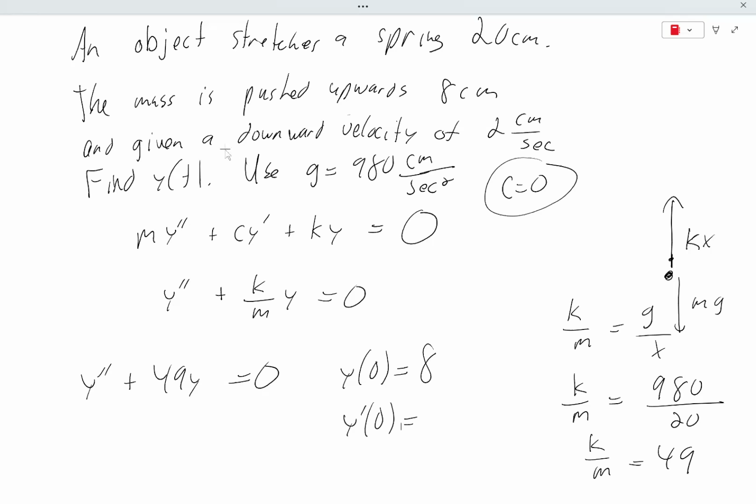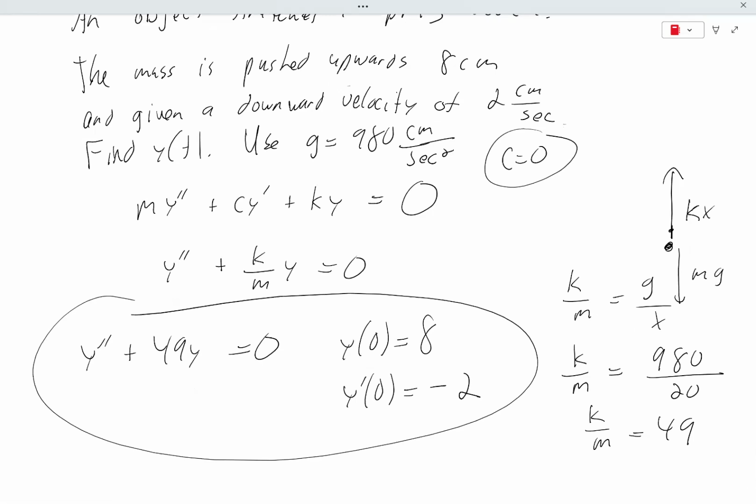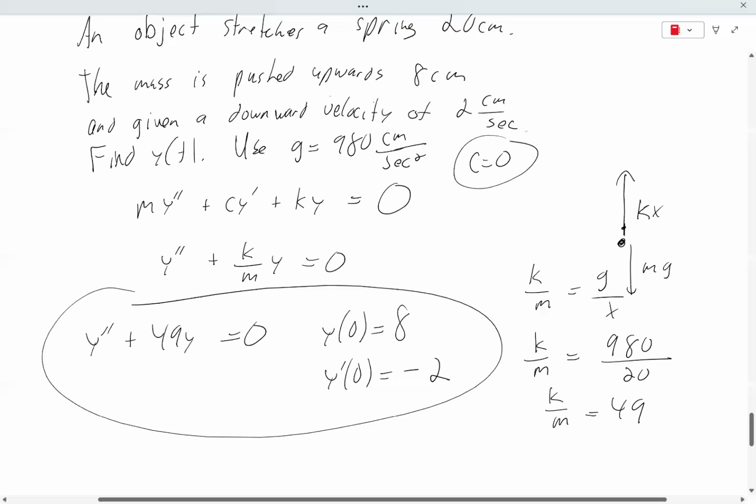In this case, it's given a downward velocity of 2 centimeters per second, so -2. So we got that here. Then you just got to solve this initial value problem. I think once you get to this point, it's rather easy. It's easier once you get through the words, through all the setup. But anything else so far?